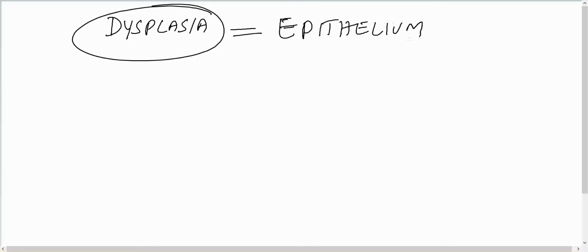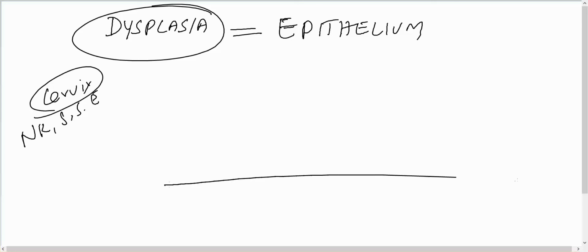I am going to draw an example, the cervix epithelium, to explain this concept. Cervix epithelium is a non-keratinizing stratified squamous epithelium. This is the basement membrane, and I am going to draw the basal cells. So these are the basal cells.